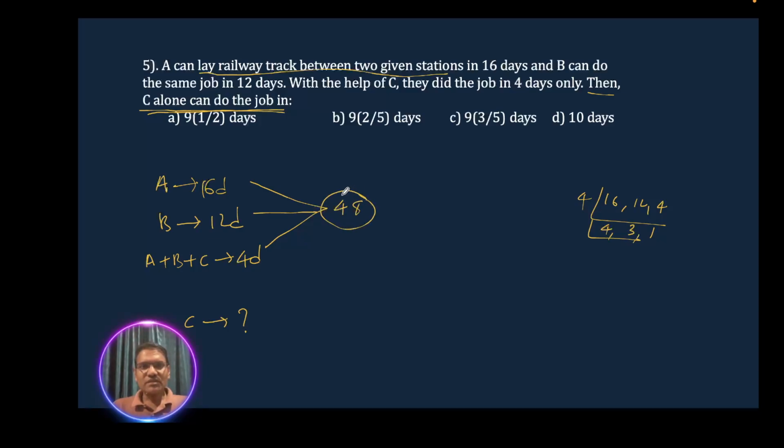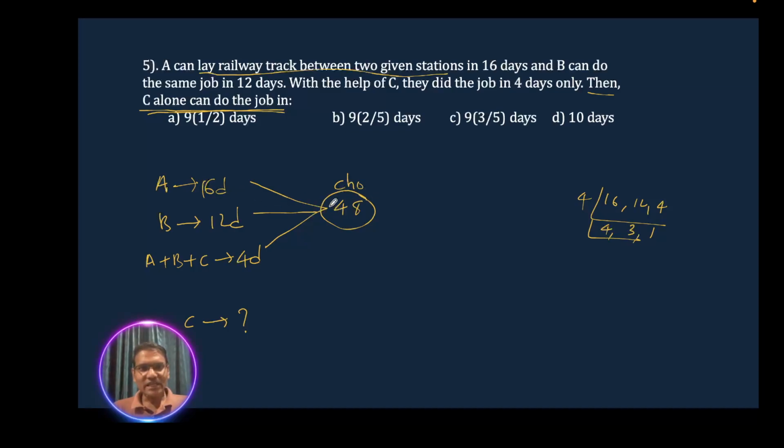Now change that work. Don't worry about the given work. You can change that work as 48 chocolates to eat. Try to understand, I am just changing the work as 48 chocolates to eat.